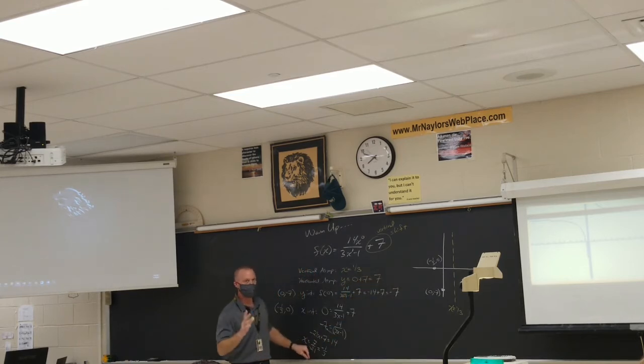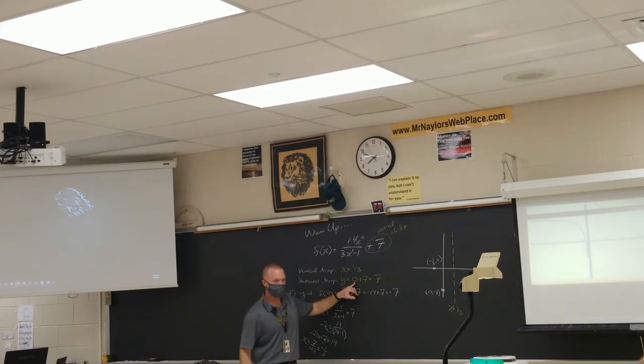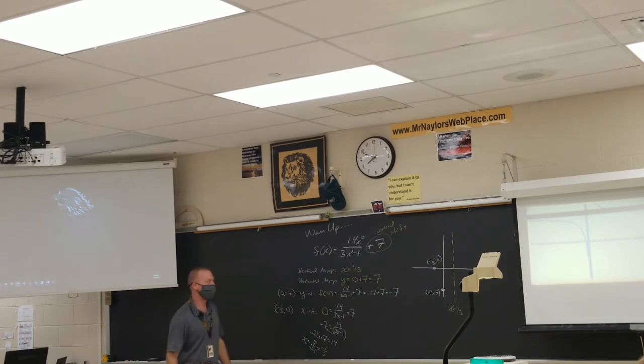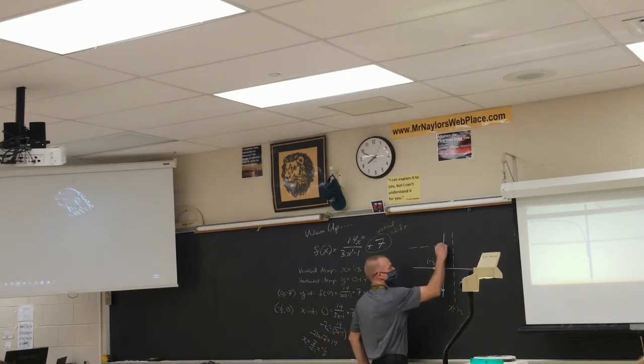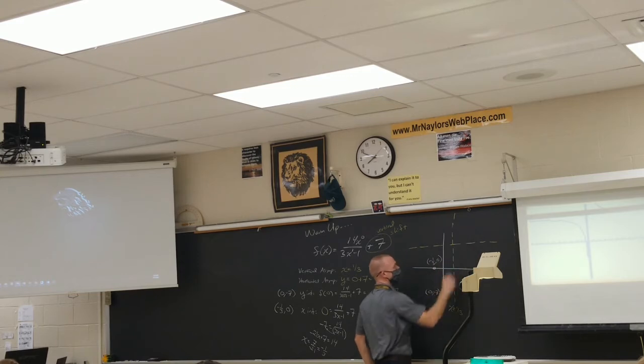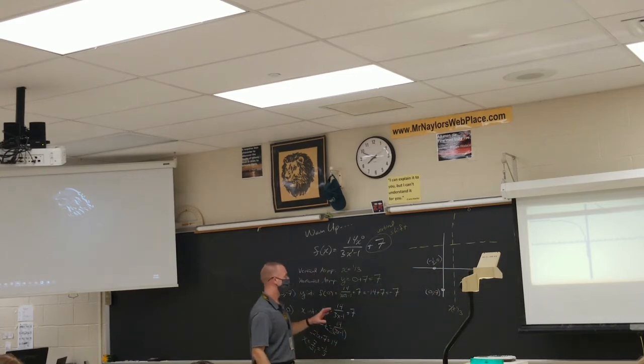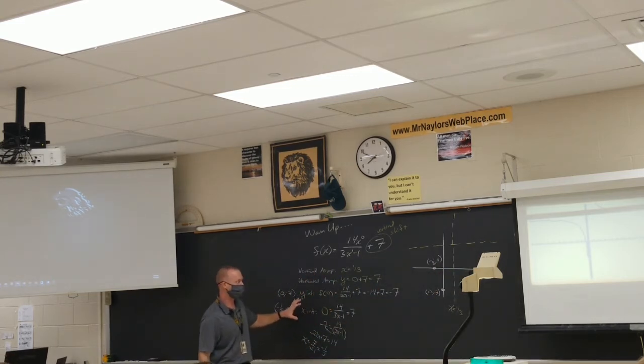Now, what you want to realize is that it started at 0 based on the rules, but it shifted up 7, and now its final resting place is at y equals 7. The truth is, anything in this problem that can shift vertically was affected by that 7.